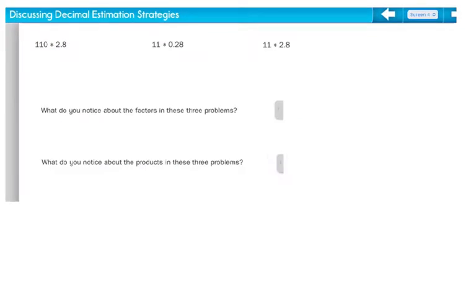Take a look at these 3 problems up at the top. 110 times 2 and 8/10. 11 times 28 hundredths. And 11 times 2 and 8/10. What do you notice about the factors in these 3 problems? They have the same digits, right?